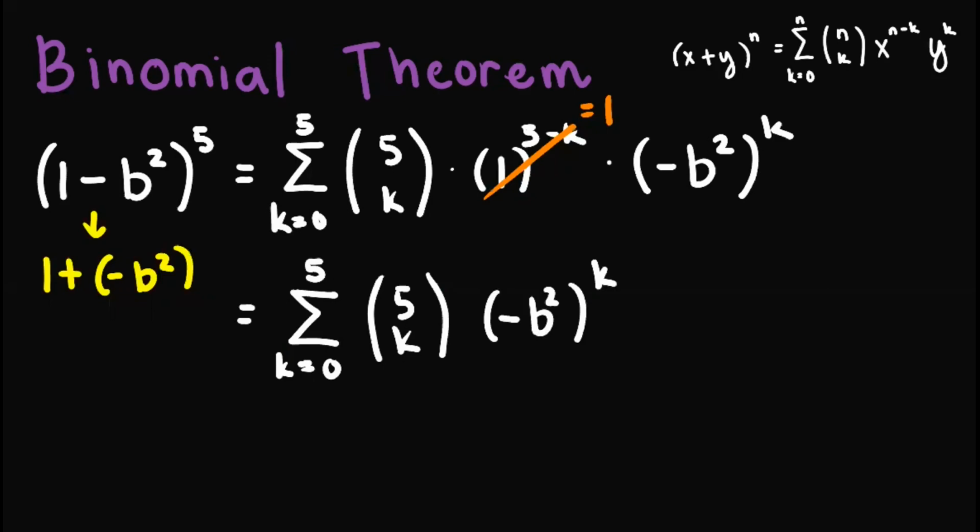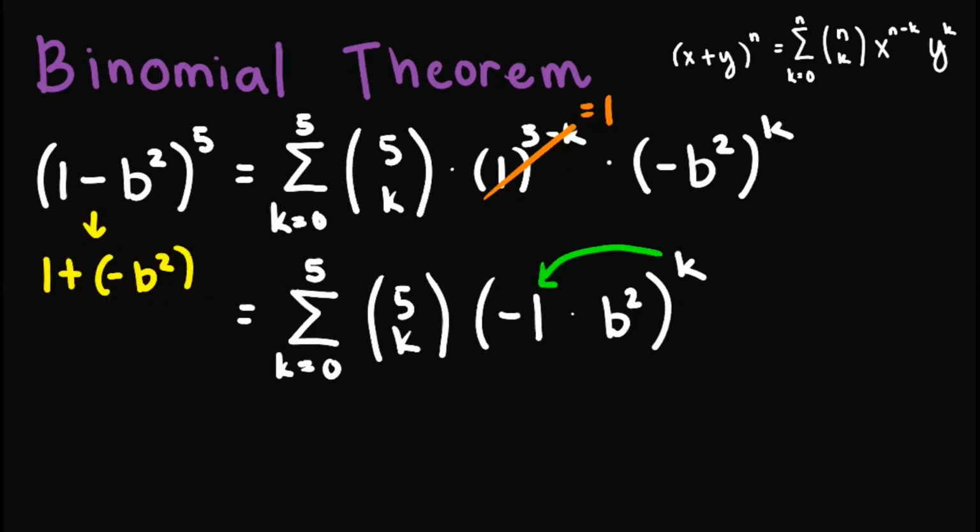Furthermore, we can simplify this one, since we can split negative b squared into negative 1 times b squared raised to k. And observe that by applying laws of exponents, we can distribute k out here to obtain summation 5 k equals 0 out here.